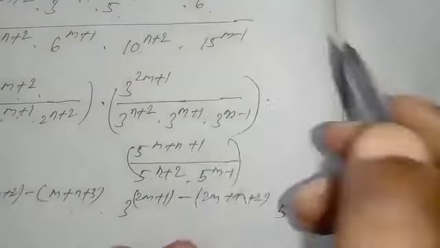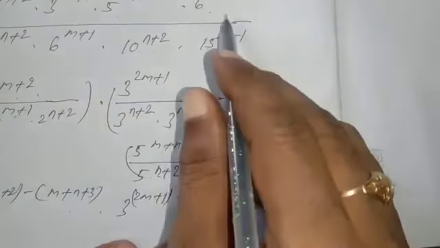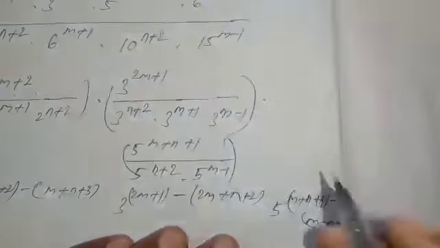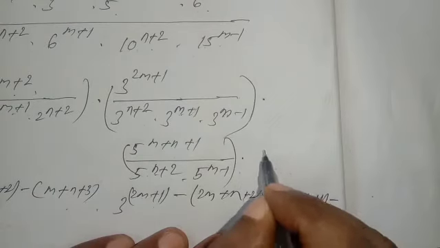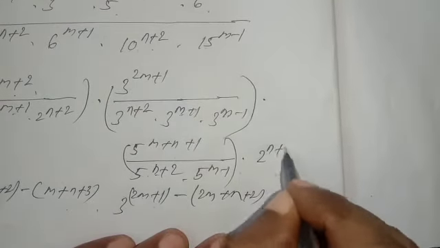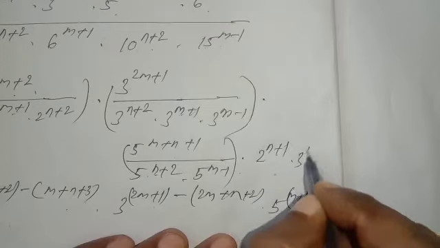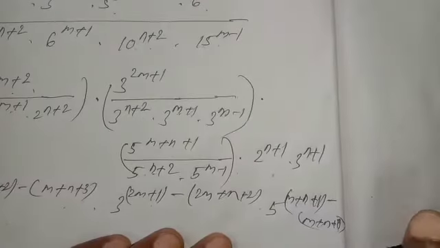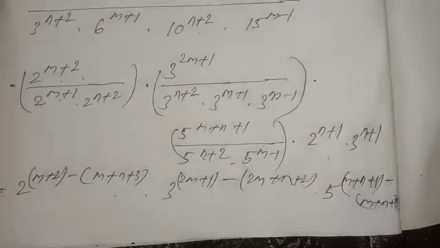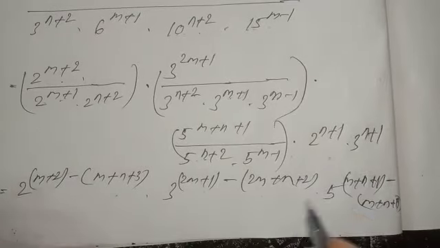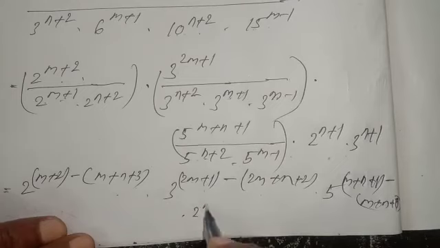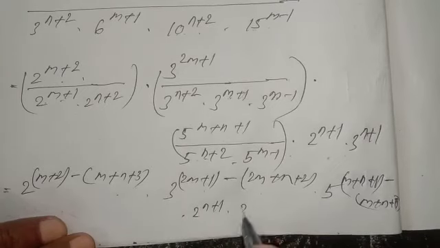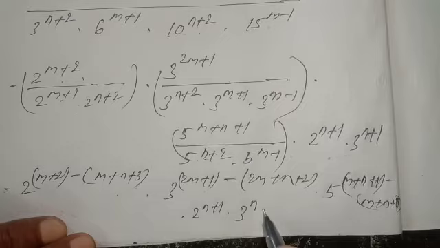But 6 to the power, just to see, 6 to the power means you have to write here 2 to the power n plus 1, again 3 to the power n plus 1. Now you see how much is coming finally. That means the power is added: 2 to the power n plus 1 into 3 to the power n plus 1.